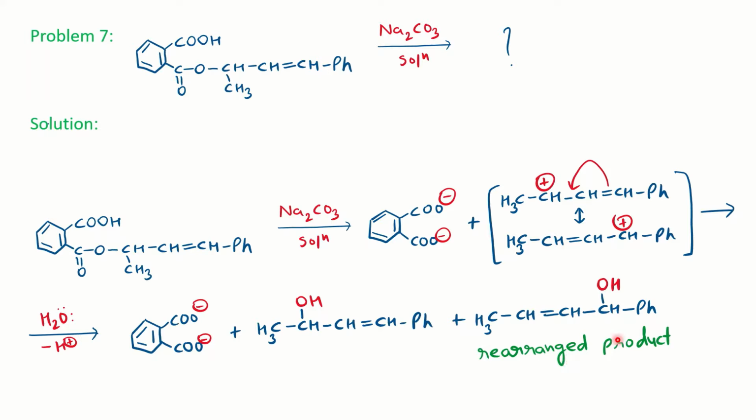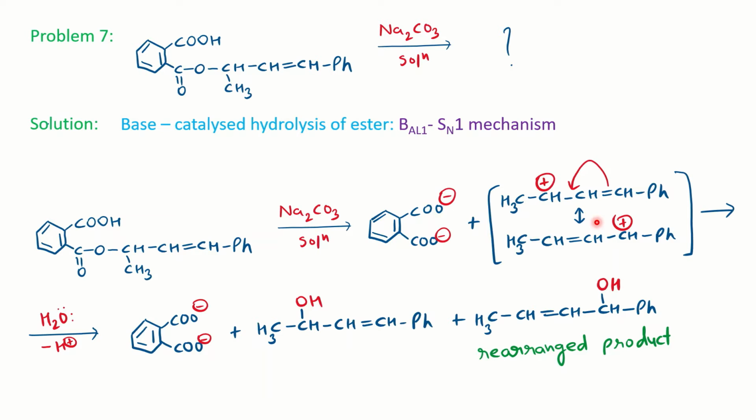The formation of a rearranged product itself suggests the formation of a carbocation. If you are getting the rearranged product, that is only possible if the mechanism has gone through carbocation formation. So we can find out the mechanism is base catalyzed alkyl cleavage, unimolecular, because the concentration of this only affects the rate of reaction, SN1 mechanism.